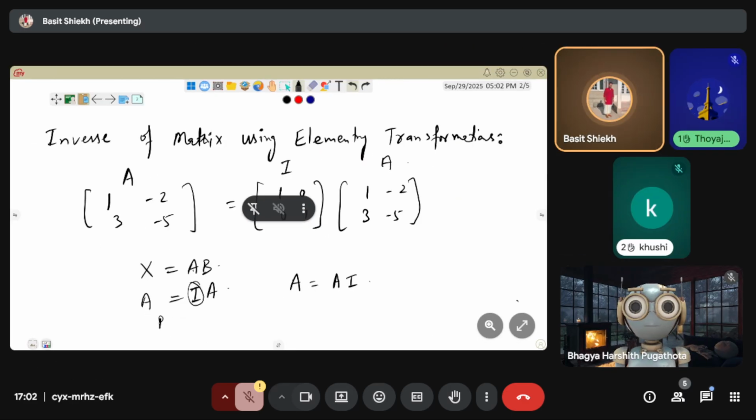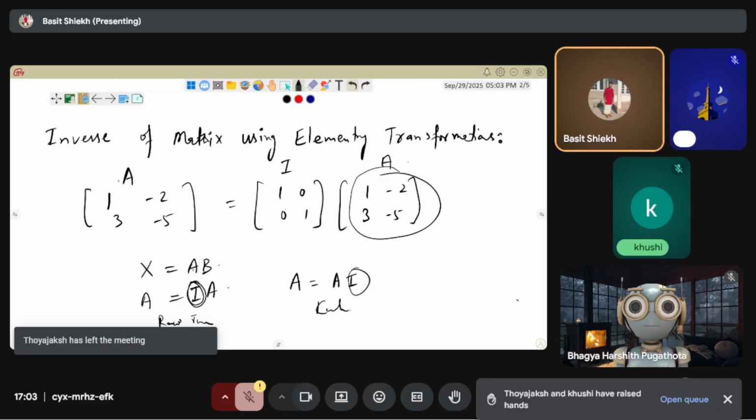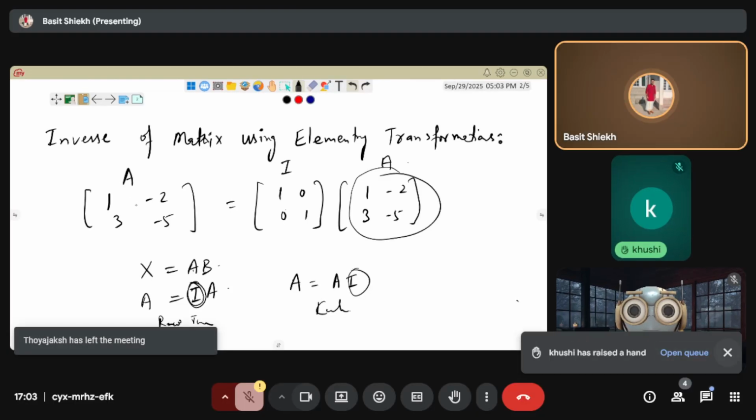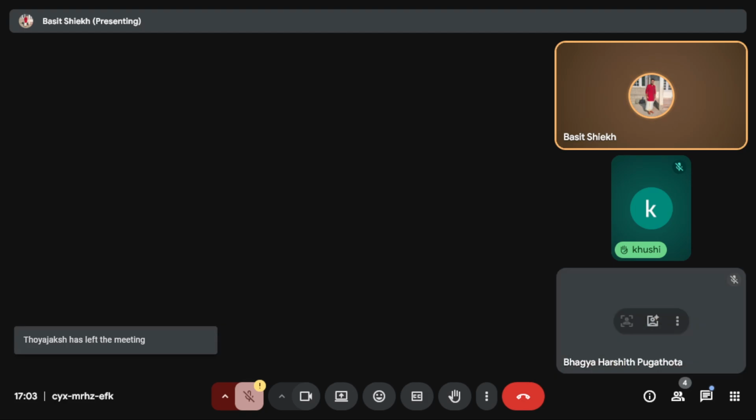In this case, I will apply row transformations. In this case, I will apply column transformation. So that on the right hand side, only this I is changed, and this A remains unchanged. And I will make this A on the left hand side, LHS, into identity matrix.